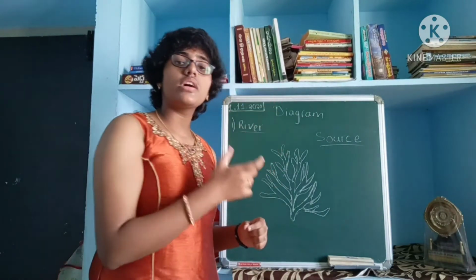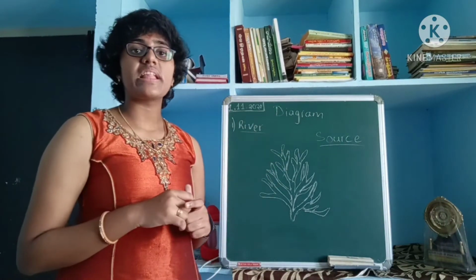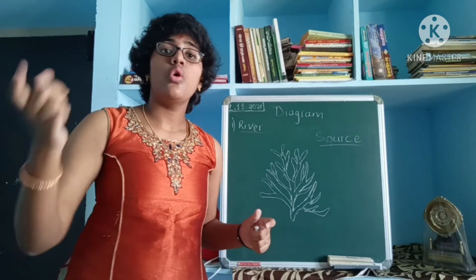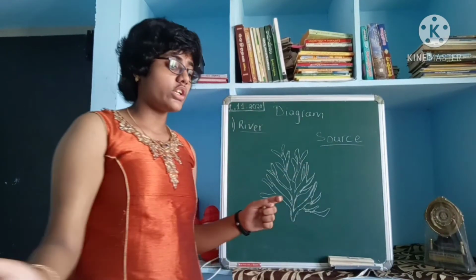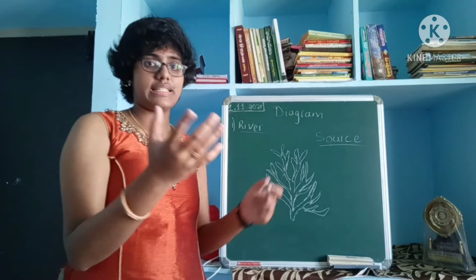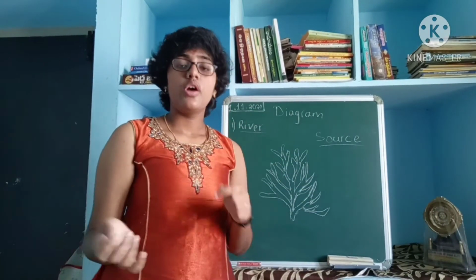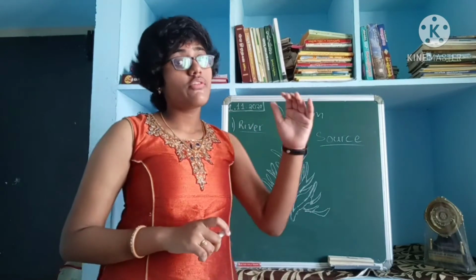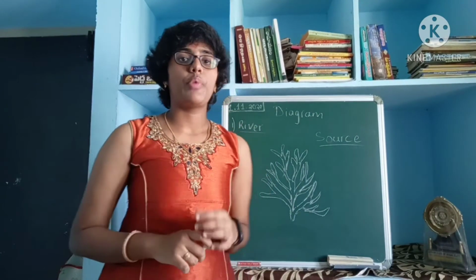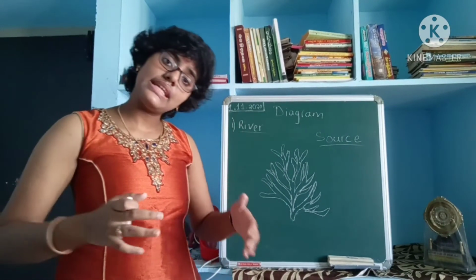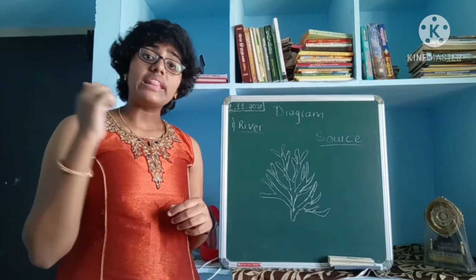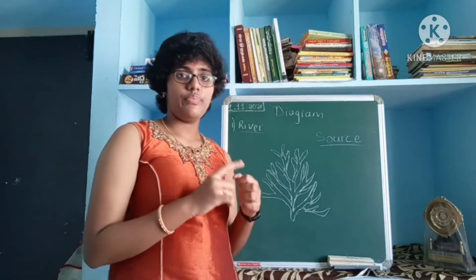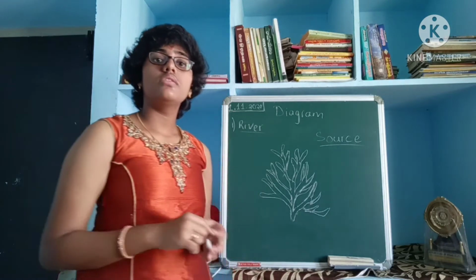Ice changes into water. This water flows away, and wherever there is a slope, it flows towards the slope. So it makes its own way, and in that way the river forms.